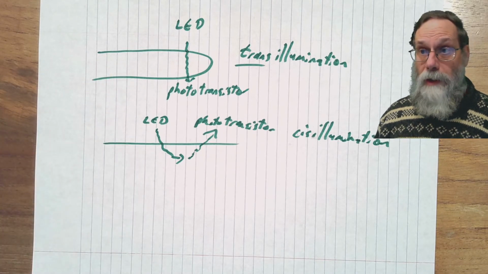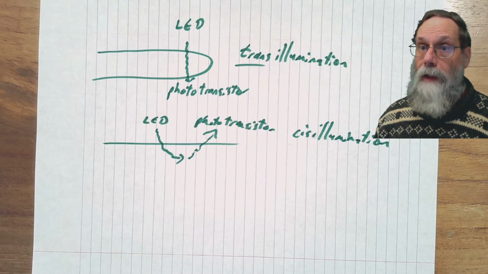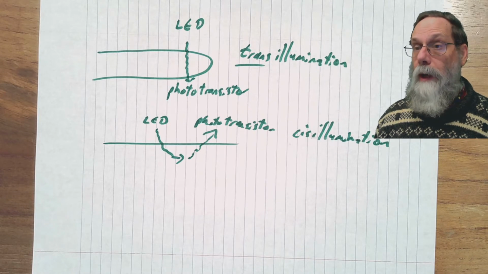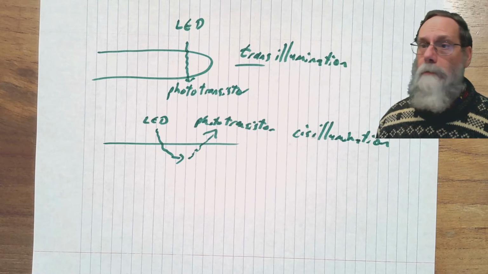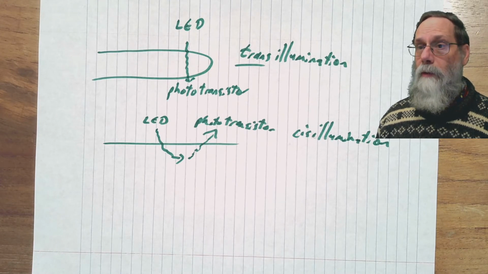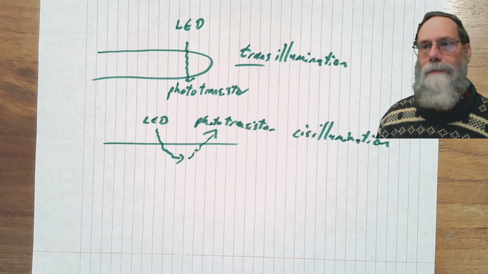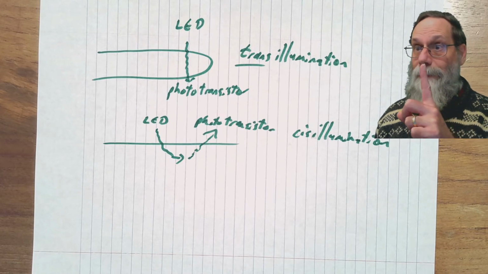For the trans illumination, you've got to have the light be bright enough that it'll go all the way through the finger or whatever it is you're shining the light through. And for that, you want it to be in a region where most of the flesh is fairly transparent. You don't want something which is only going to penetrate a tenth of an inch or a couple millimeters if you have to get through the entire thickness of your finger.